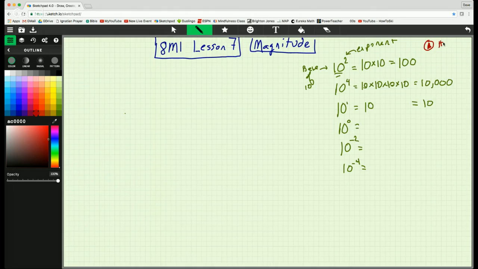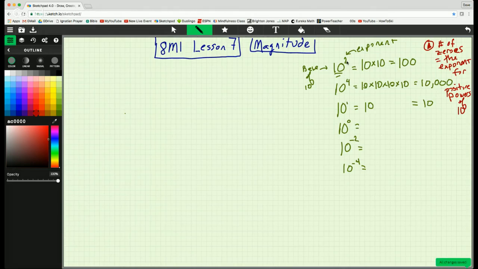The number of zeros equals the power, or equals the exponent, for positive powers of 10, right?